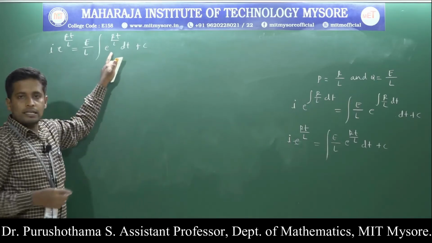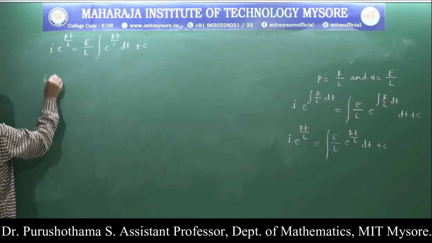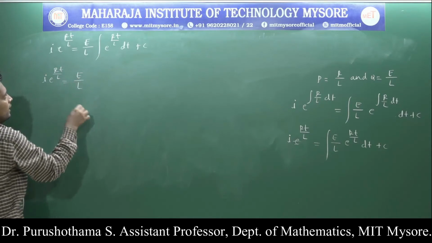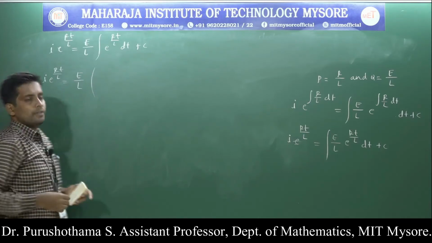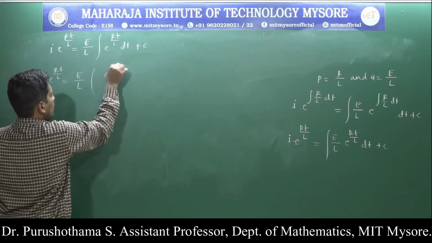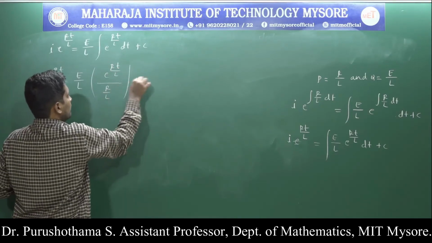Similarly here, integration of e power Rt by L is e power Rt by L divided by R by L. So I into e power Rt by L is equal to E by L into e power Rt by L divided by R by L, plus c.